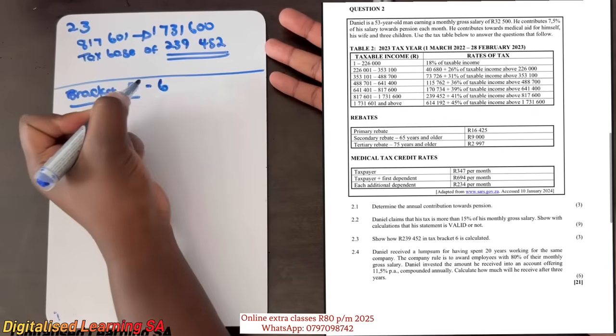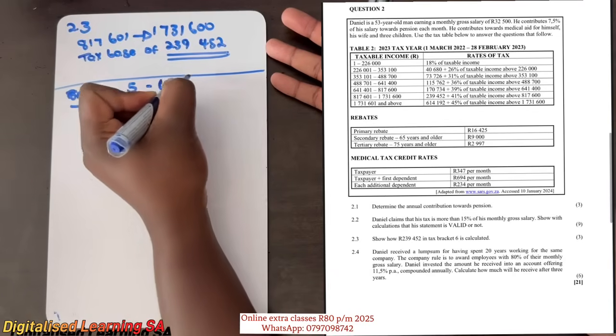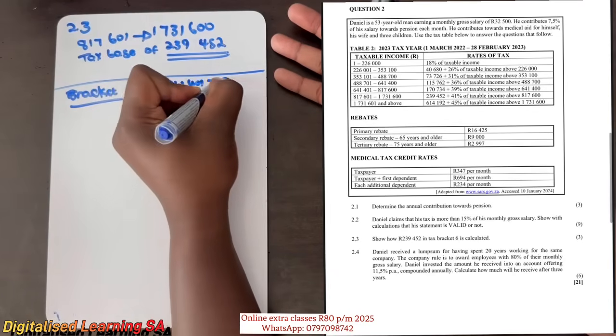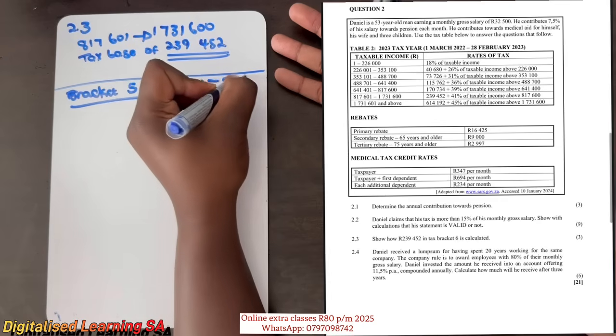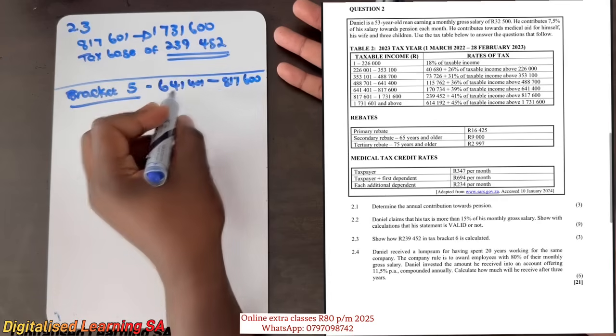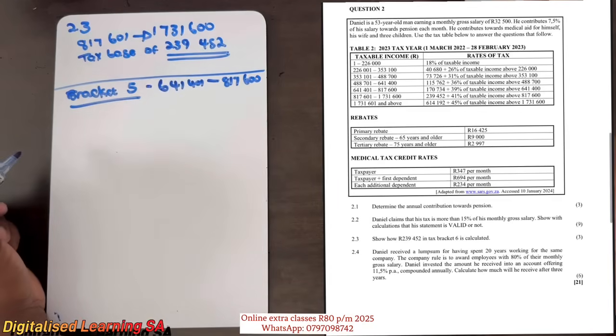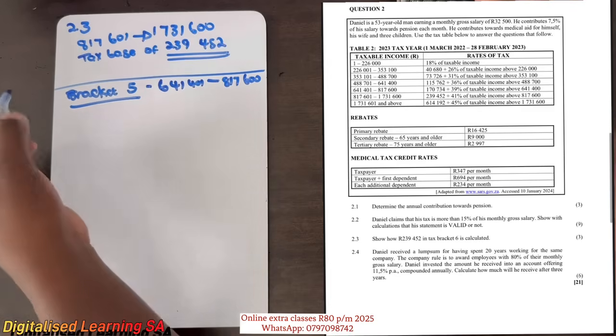We know that it's from 641,401 to 817,600. So it falls within this tax bracket. If we check on tax bracket 7, we can see that the tax base is 170,734. Okay, so we need to calculate the remaining tax.